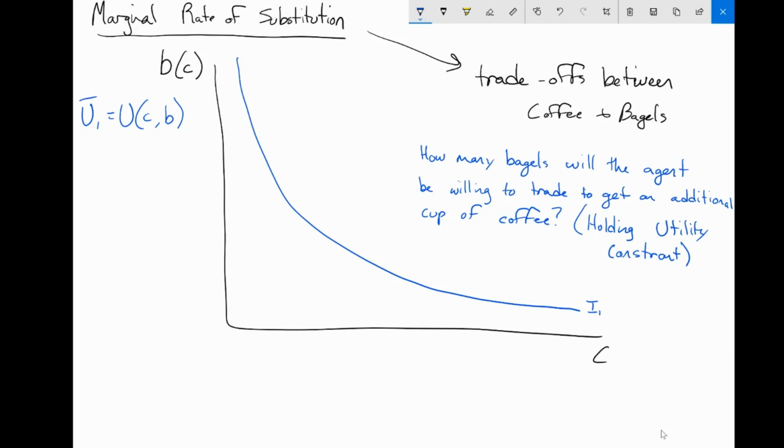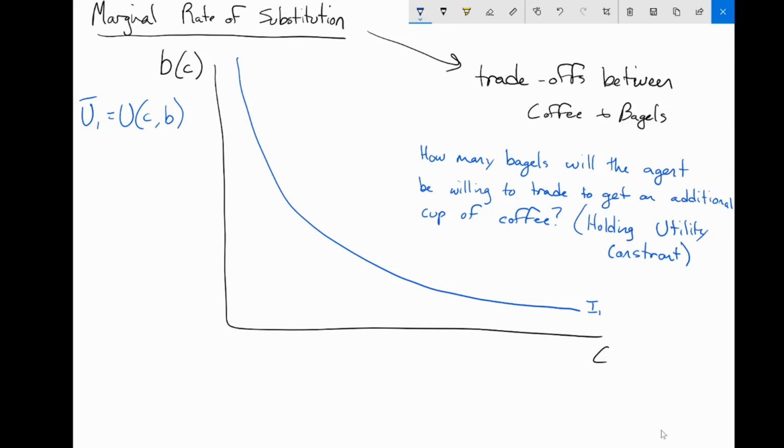Now, whenever I say one additional unit, an alarm should go off in your head and say this is marginal analysis. I want to know what's happening on the margin. I want to know how many bagels I need to trade to increase the number of cups of coffee by 1. So how many bagels am I willing to trade for a marginal increase in cups of coffee?